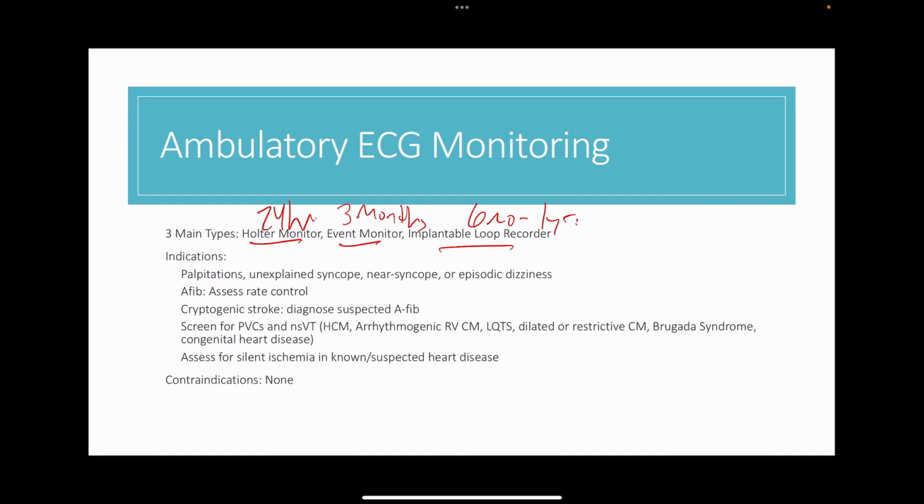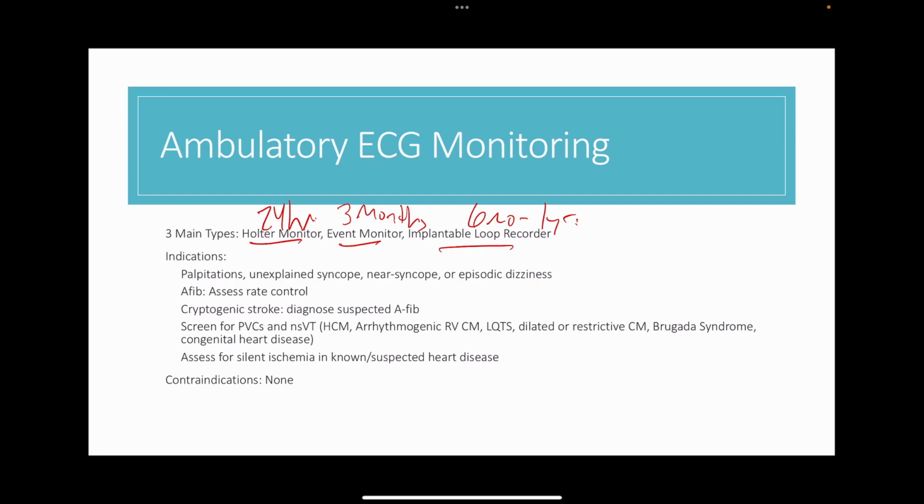So indications, palpitations, AFib. You want to see what their rate control is like. If they have a cryptogenic stroke, they have a stroke, we don't know where the source came from. We think it's AFib, let's try and catch it. So we have to be able to catch and verify they have atrial fibrillation, and that's what these things do.